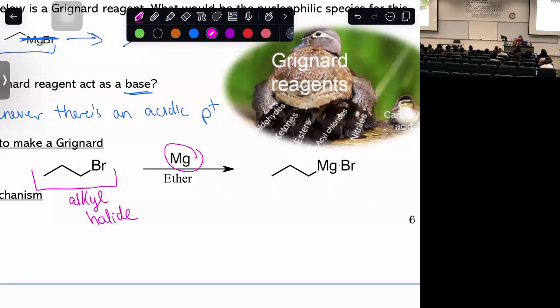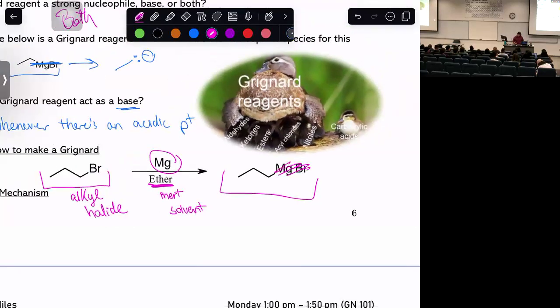And then you need magnesium in ether. Specifically, it has to be in ether because this is an inert solvent, meaning that it's not going to be reactive, so everything's going to be stable, and we're always going to get this product. But again, remember that at the end, magnesium and bromine go away, and you're left with the active nucleophilic species.